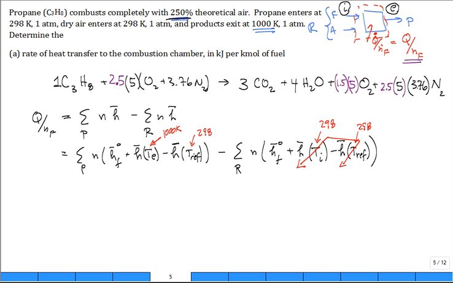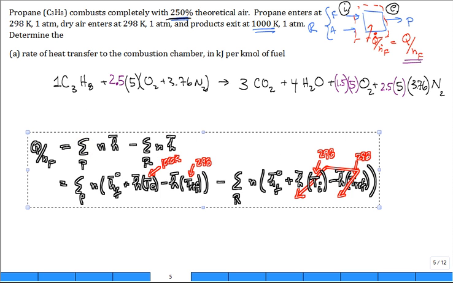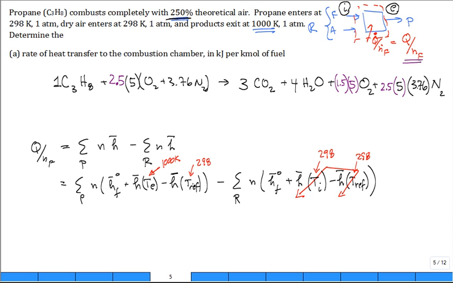One thing that I can do to help is reduce writing all these multiplications out. Let me rewrite my balance equation; it'll be a little cleaner. 1 C3H8 plus exactly how many O2s? 12.5 O2s.